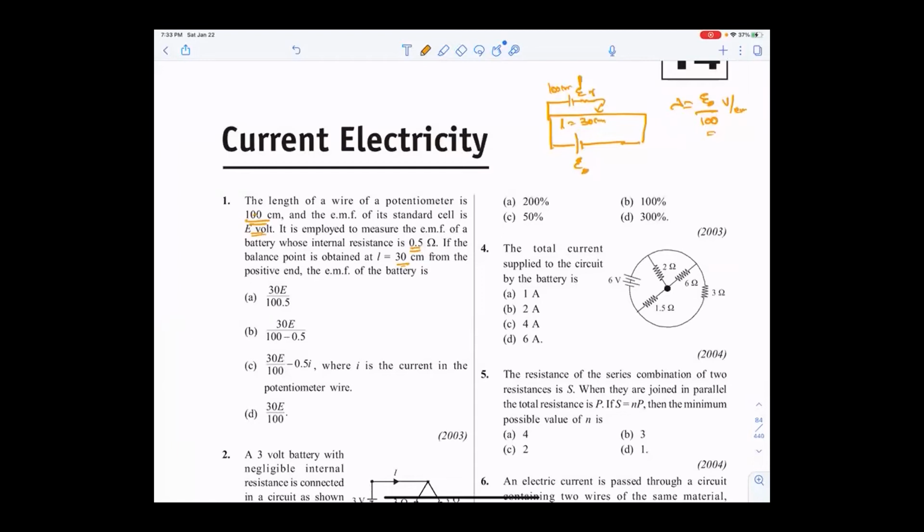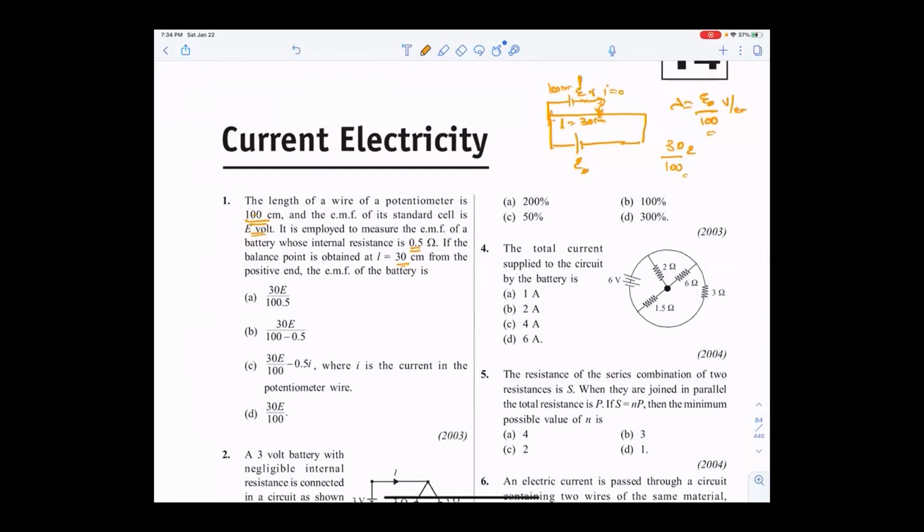When the balancing length is obtained, there is no current here, I is equal to 0. So what is the voltage of this part? It is 30 by 100 into E.